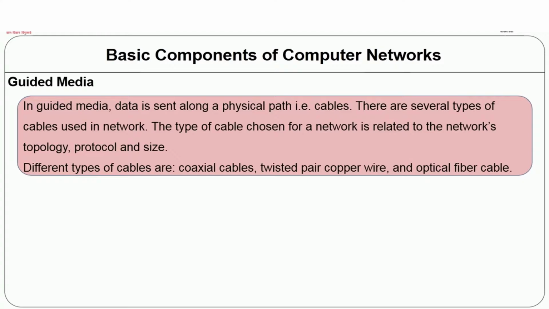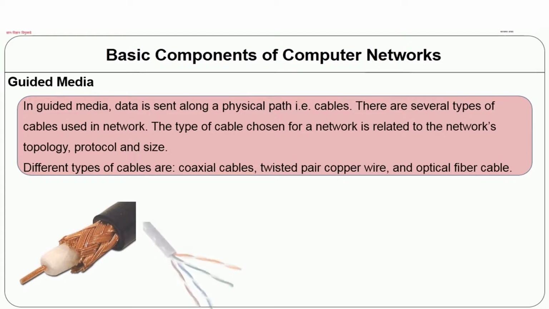There are several types of cables used in networks. The type of cable chosen for a network is related to the network's topology, protocol and size. Different types of cables are coaxial cable, which looks like the cable that brings the cable TV signal to a television. Twisted pair copper wire cable looks like phone cable.